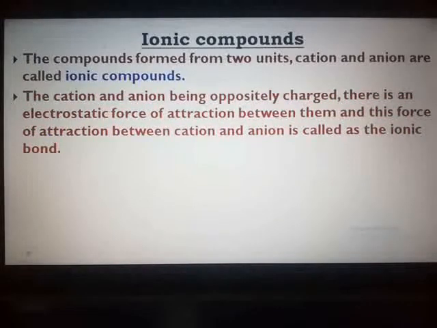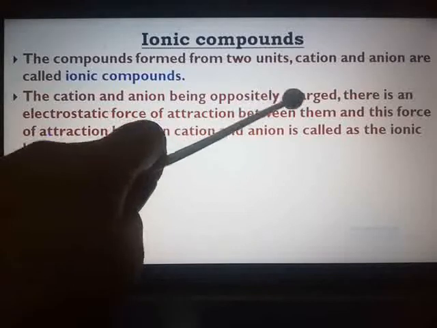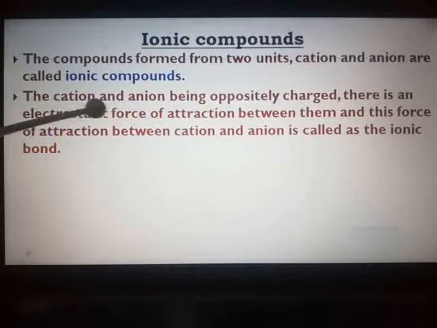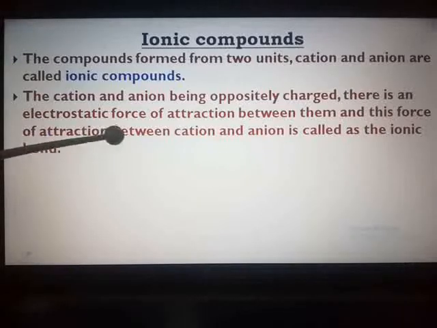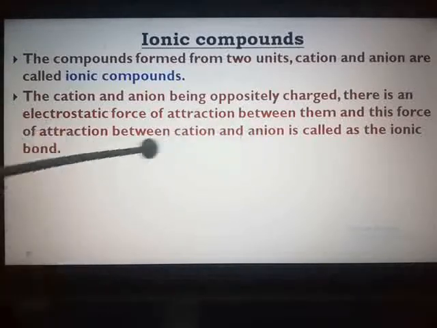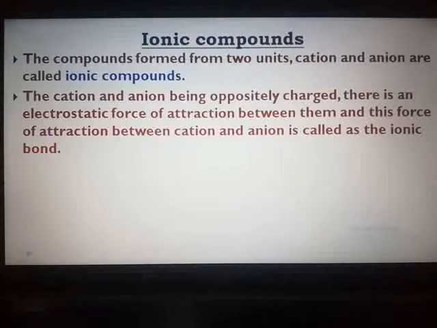Now, the cation and anion, one is positively charged, one is negatively charged. Both are oppositely charged, and hence there is an electrostatic force of attraction between them, and this force of attraction between the cation and anion is called ionic bond.